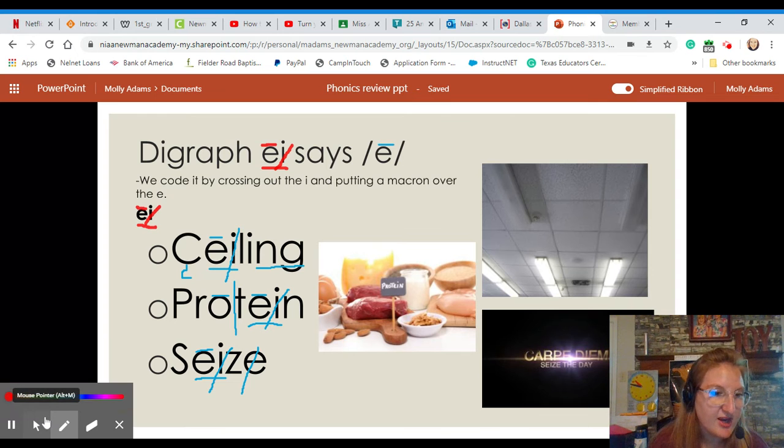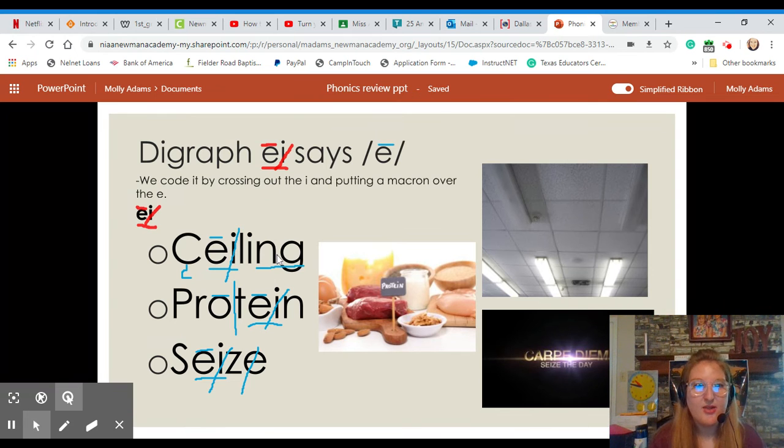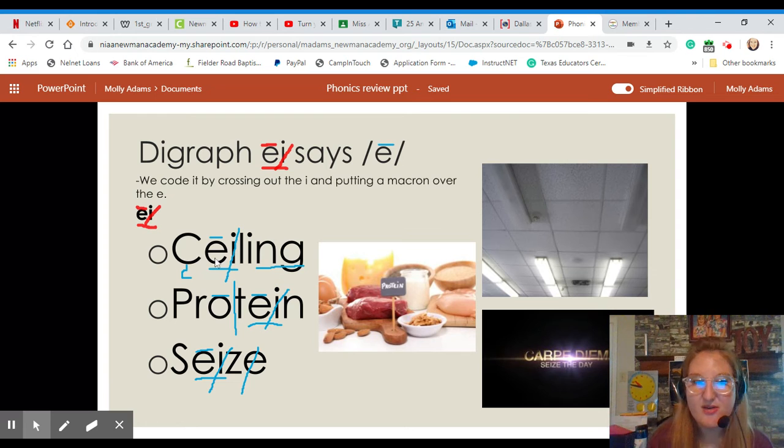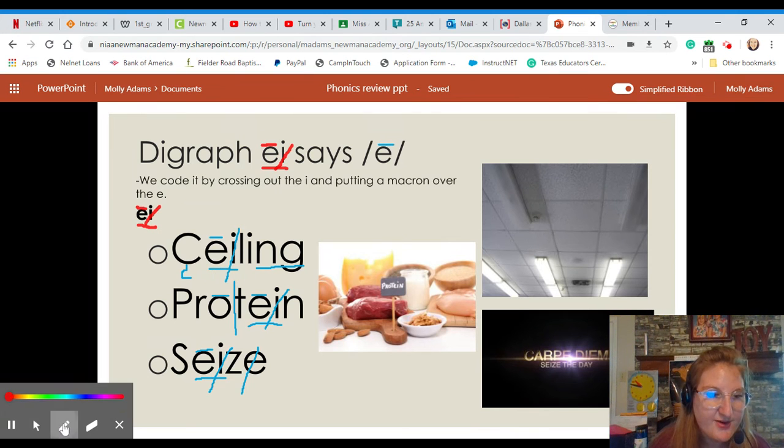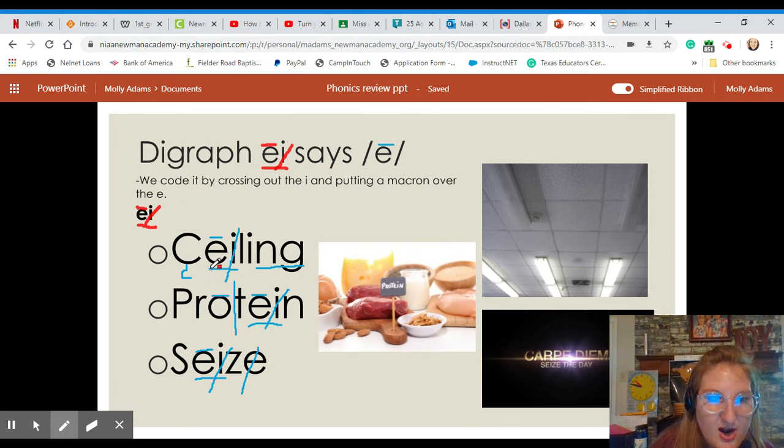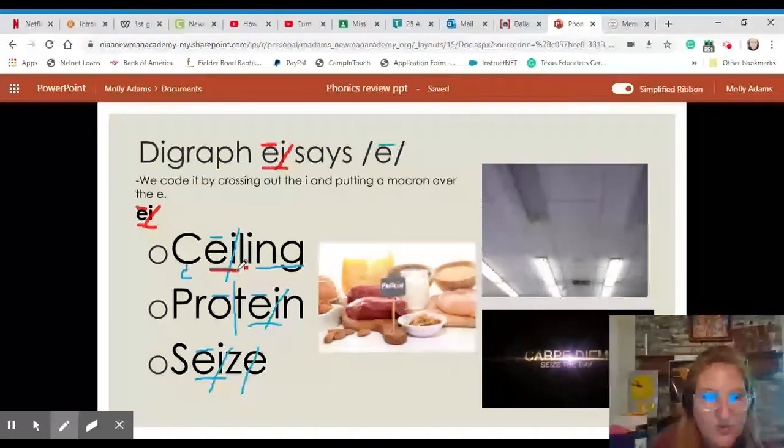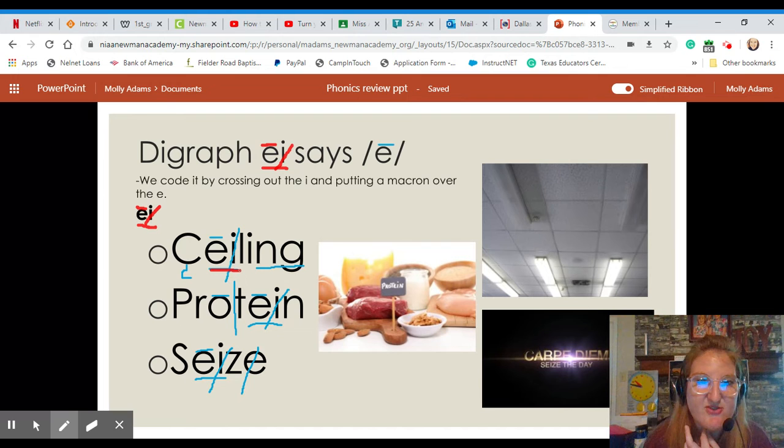All right, so let's look at these three words. I already have them coded for us. The first word is ceiling. We found our EI digraph right here. We underline our digraph because a digraph is two letters that make one sound.